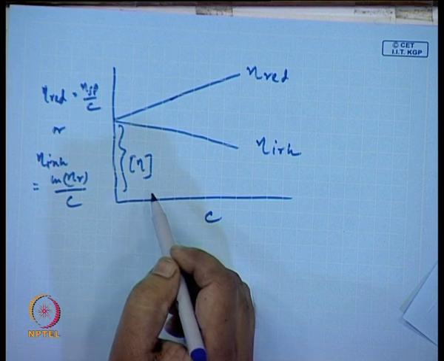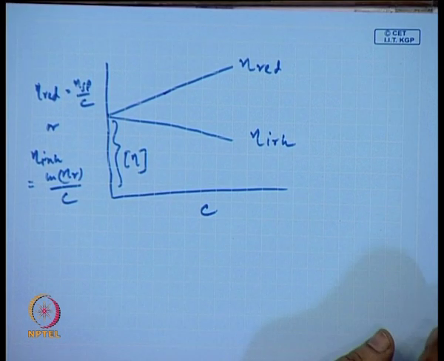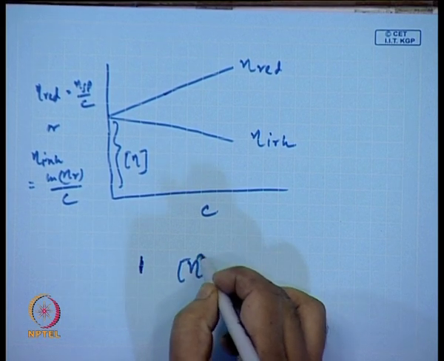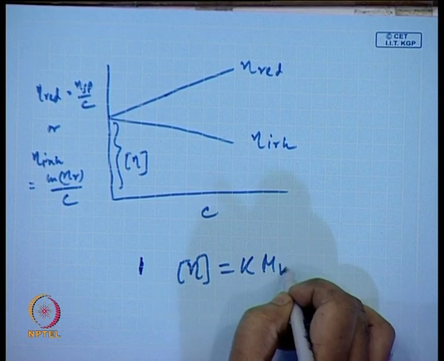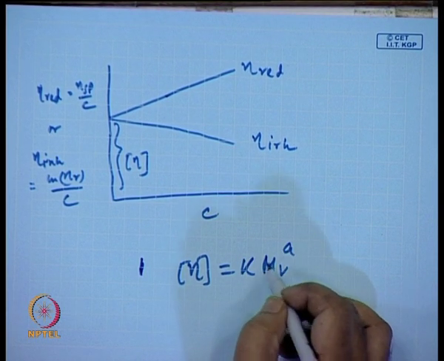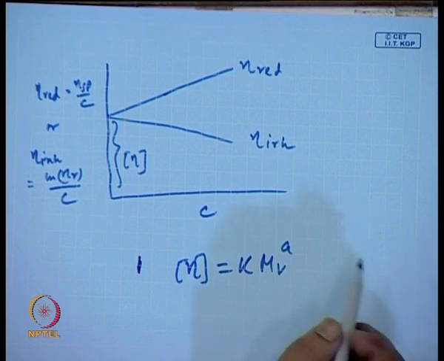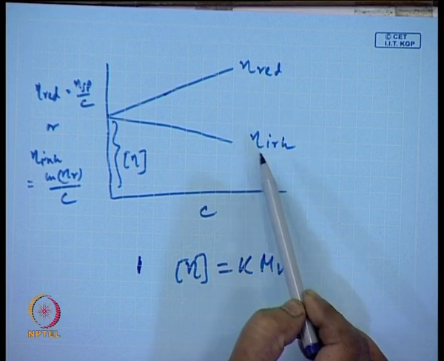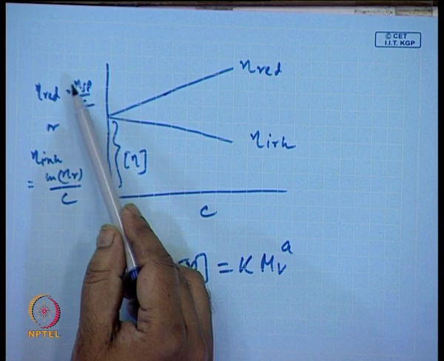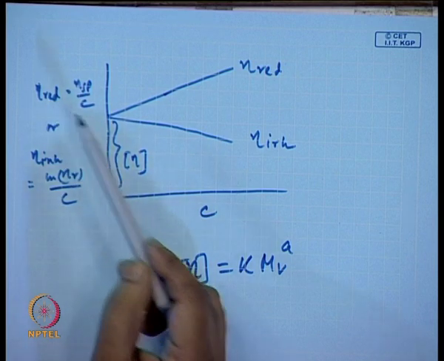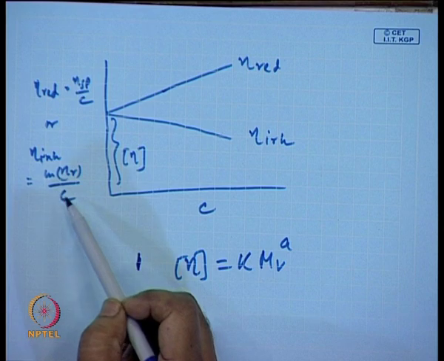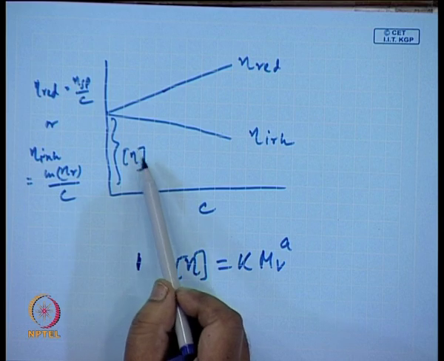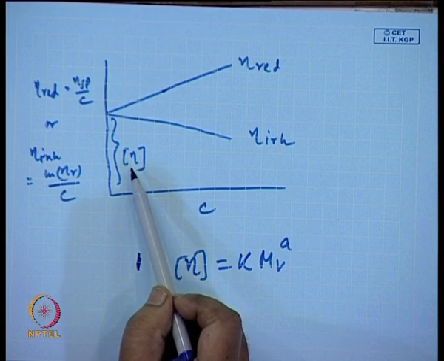In summary, if we know this Mark-Houwink equation, where the Mv expression we have seen, now using either this Huggins equation or Kramer equation, you can plot either the reduced viscosity or the inherent viscosity with the concentration term to get the intrinsic viscosity experimentally.